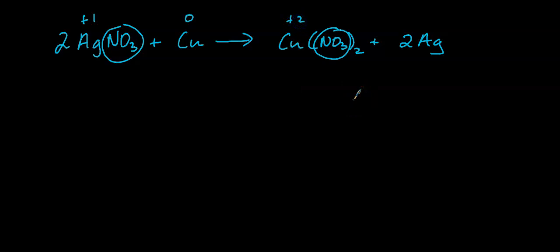And then we have elemental silver that is produced. So we see the silver is going from +1 to 0. That means the silver ions are being reduced, so Ag+ is being reduced. Copper is going from 0 to +2. Its oxidation state is going up, telling us that copper metal is being oxidized.